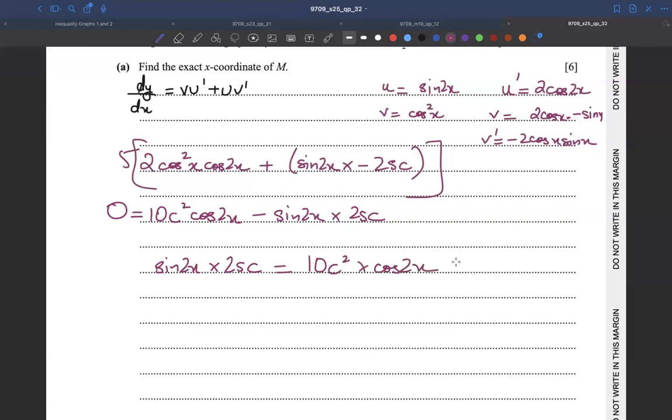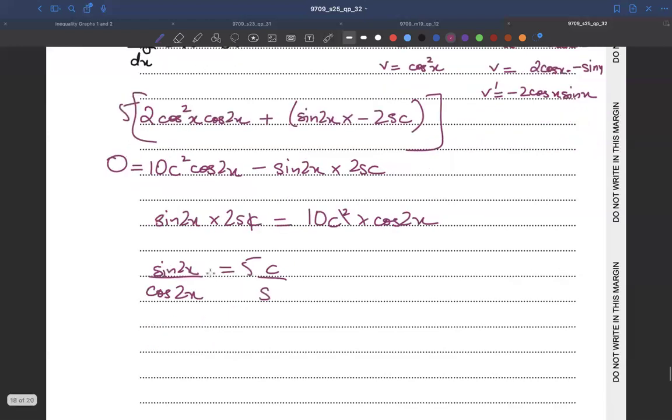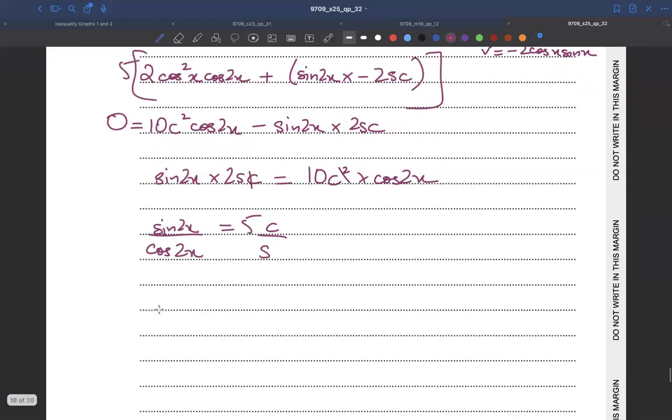Now to solve this equation, I think we can cancel the cos and cos over here, and sin 2x upon cos 2x we can write as tan 2x, and 10 upon 2 will become 5, and this is cos upon sin. So this will be tan of 2x is equal to 5 upon tan of x.